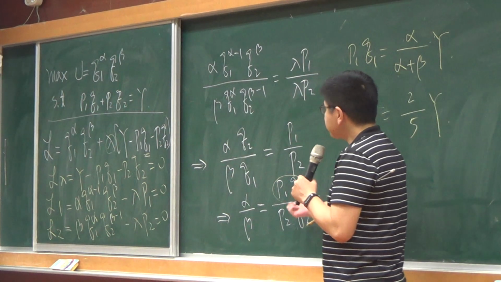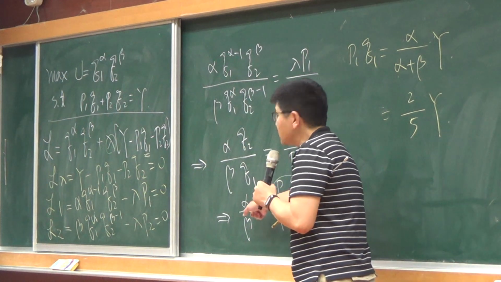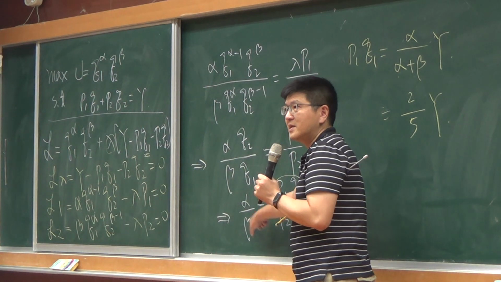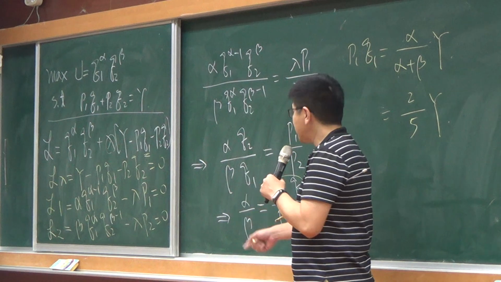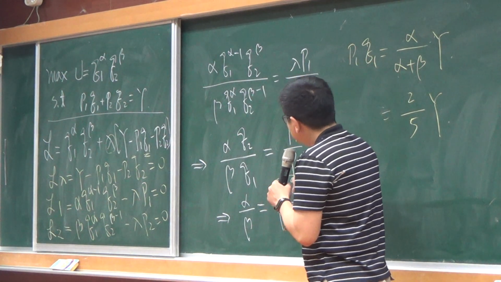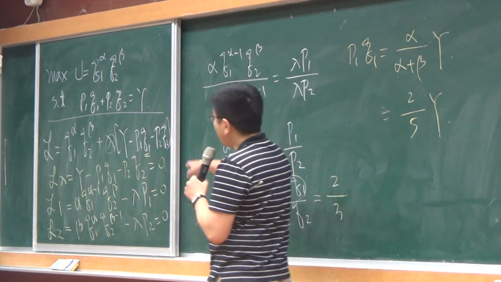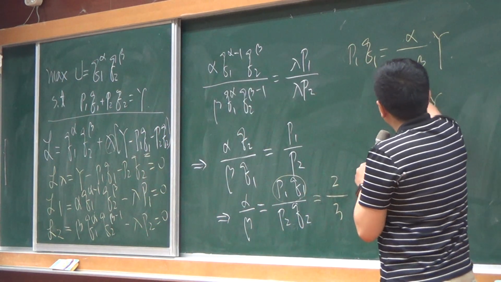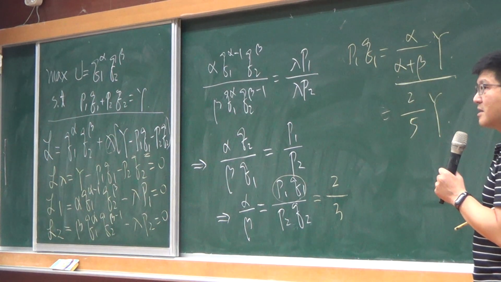Once again, the ratio of P1 Q1 to P2 Q2 equals alpha to beta. Alright? So the proportion on expenditure will be alpha to beta, which means, because P1 Q1 plus P2 Q2 equals Y due to the budget constraint, we may have this result. Alright?